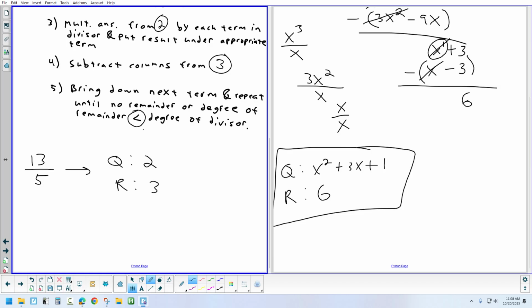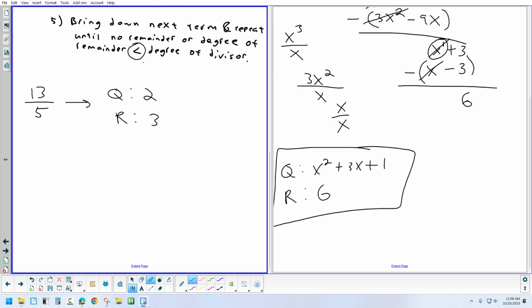So you can write it that way. That's what I just did on the right. Or you can always write your answer as quotient plus remainder over your original denominator. So you could write 13 divided by 5 as 2 plus the remainder was 3 and the denominator is 5.